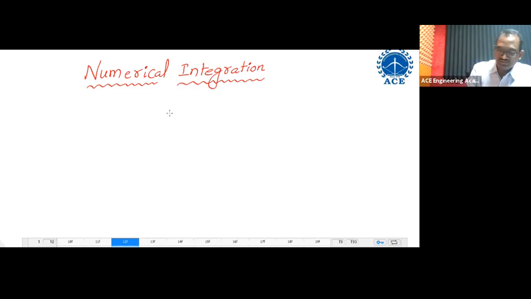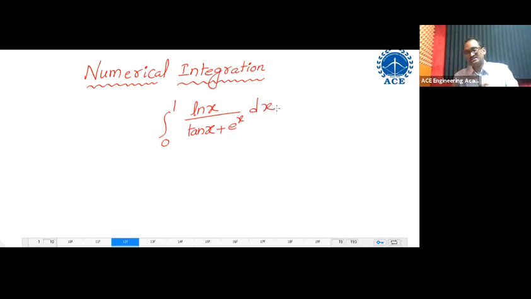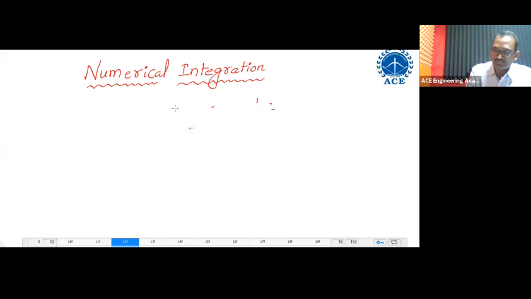For example, look at this integral 0 to 1 logarithm of x by tan x plus e power x dx. We cannot evaluate this integral directly. So this type of integration problem can be evaluated with numerical methods of trapezoidal and Simpson's rule.